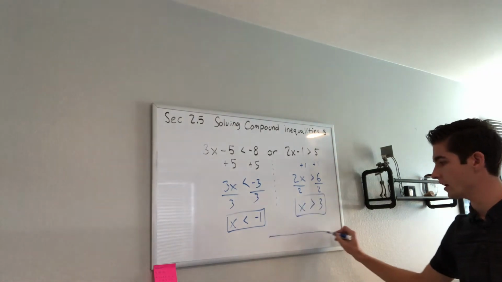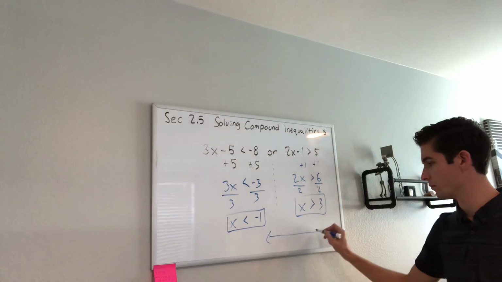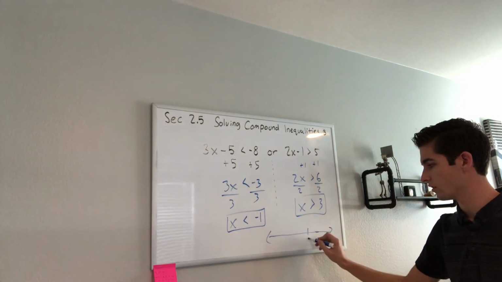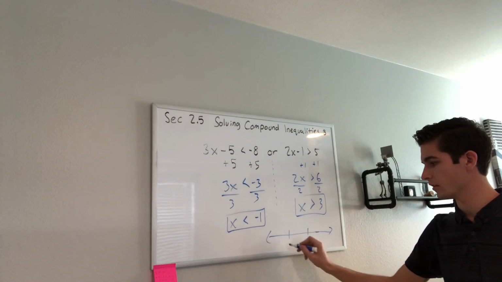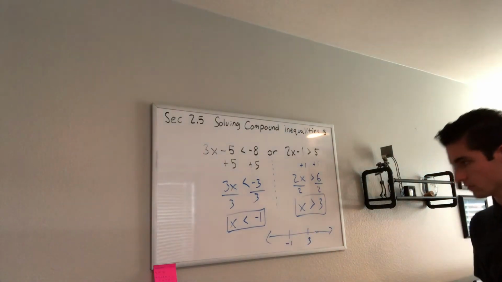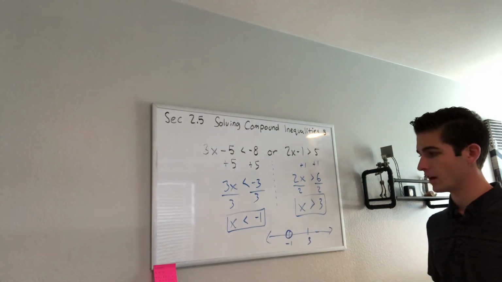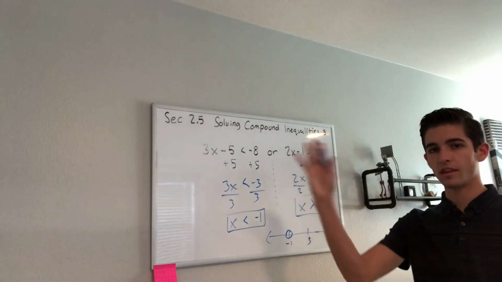When we go and graph it, our large number is going to be on the right. Our small number is going to be on the left. We have an open dot at -1, and we're going to shade to the left.